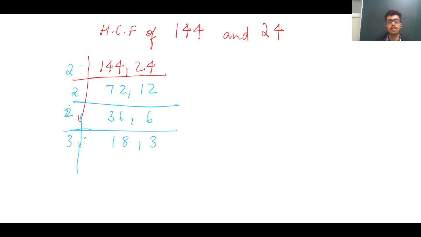Then I do it by 3, 6, and 1. Now nothing else is common over here. So multiplying all of these, I'm going to get 24.